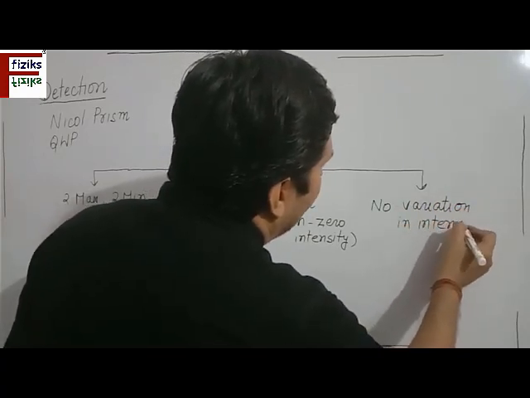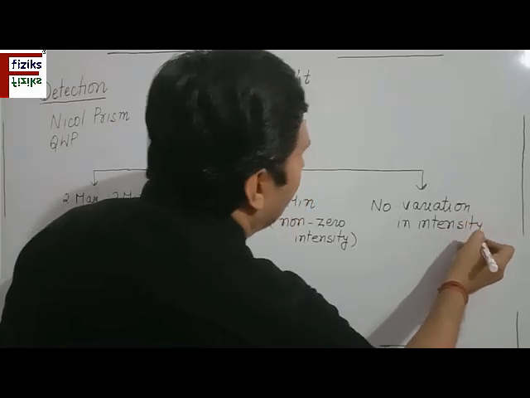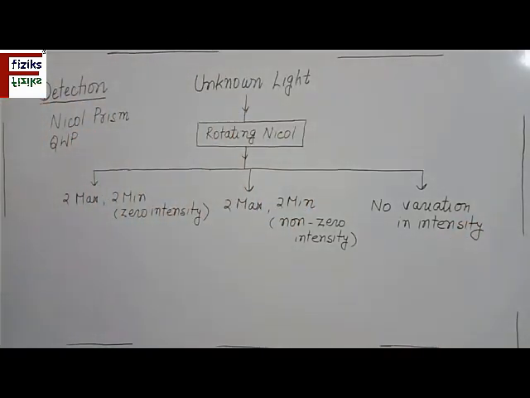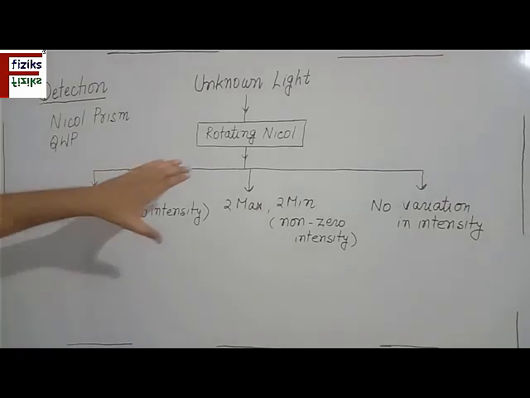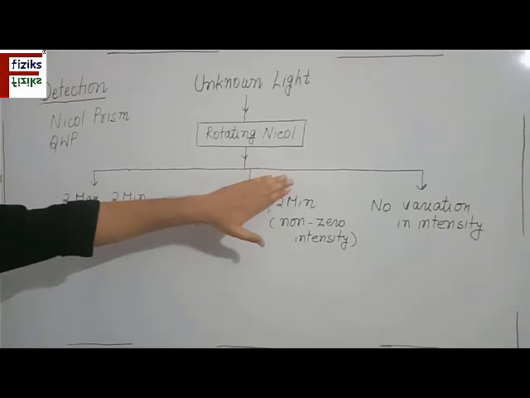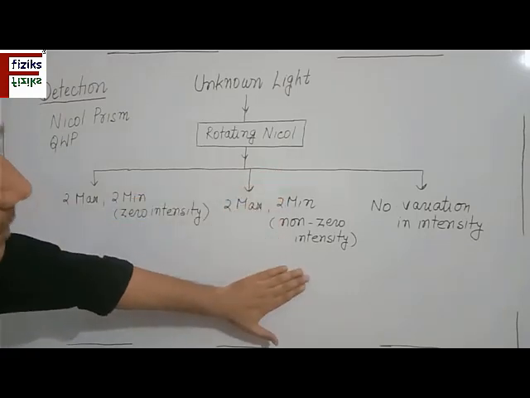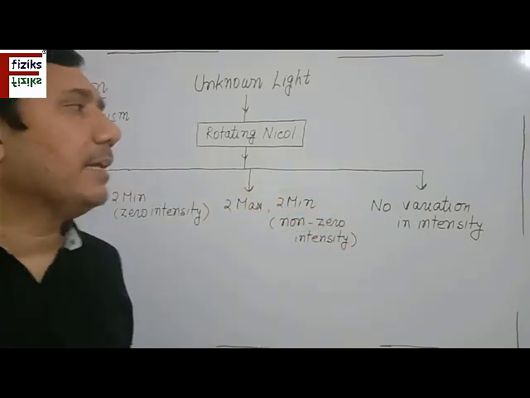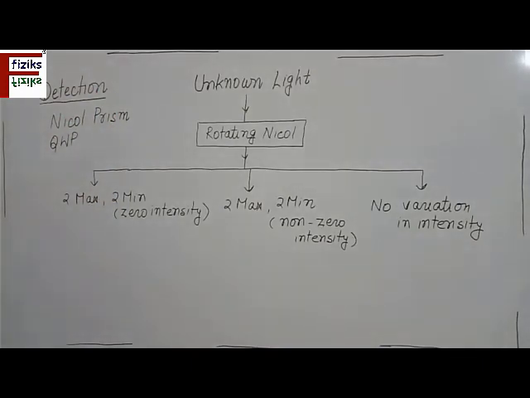So we can have these three situations on the emergent side when unknown light is passing through the rotating Nicol. So either we can have two maxima, two minima with zero intensity, or we can have two maxima and two minima with non-zero intensity, or there can be a third case where there is no variation in intensity.